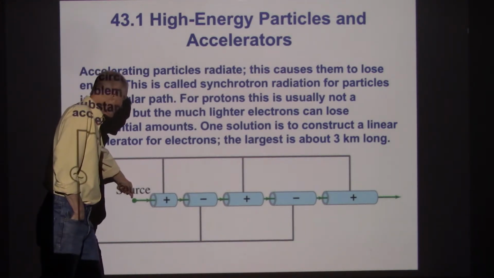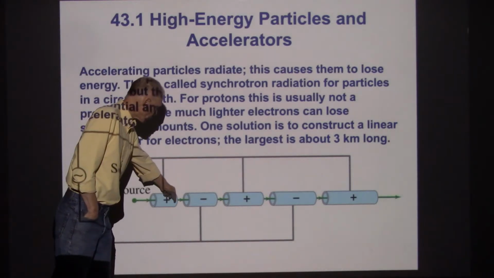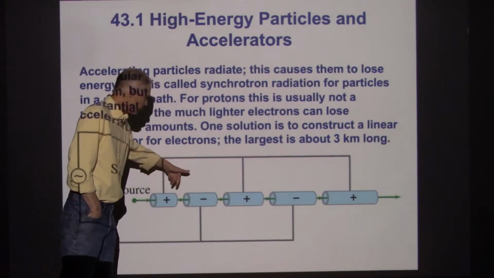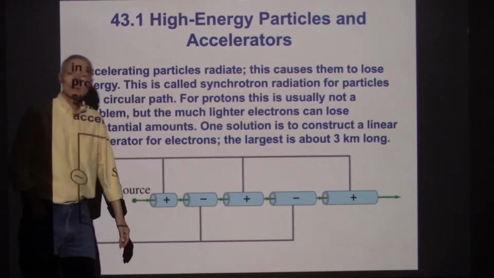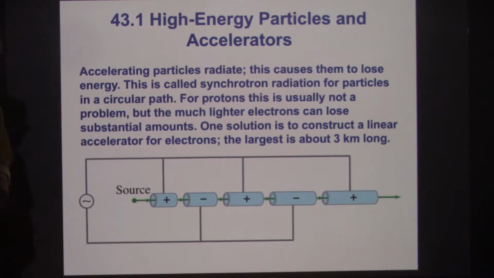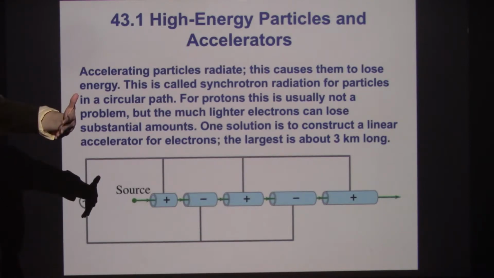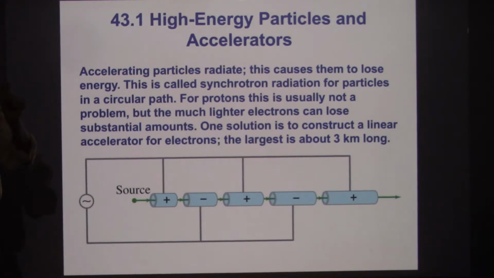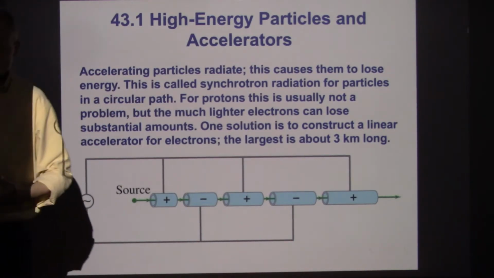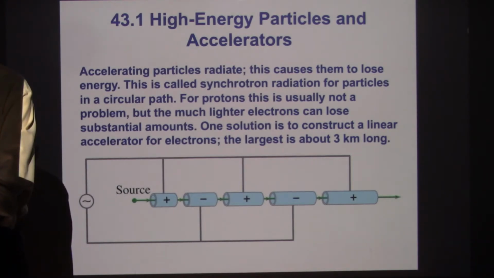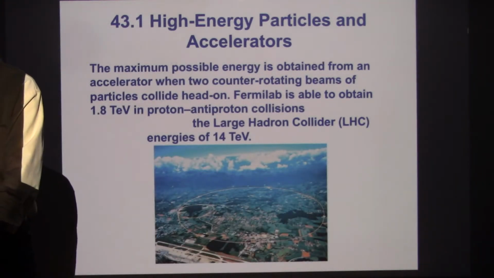You could take the electron and have it drawn towards the positive charge, but then once it comes through here, you could flip the signs, and then it's drawn towards the next segment. And then as they go faster and faster, you have to adjust for that. You either have to switch the charges on these regions faster, or you have to change the lengths of them to adjust for the electrons so that they continue to speed up.